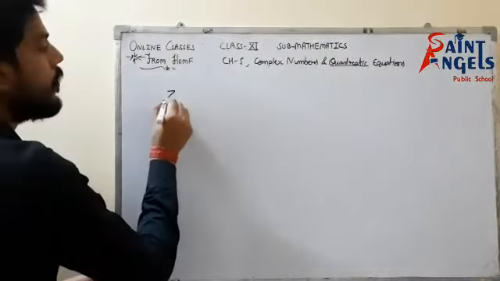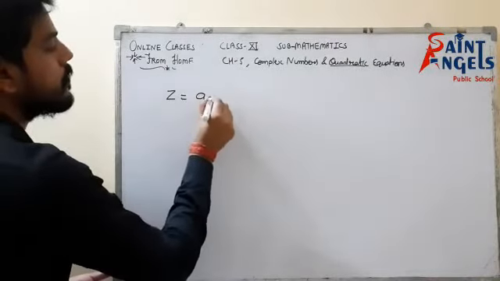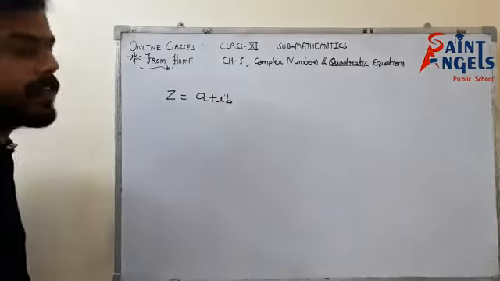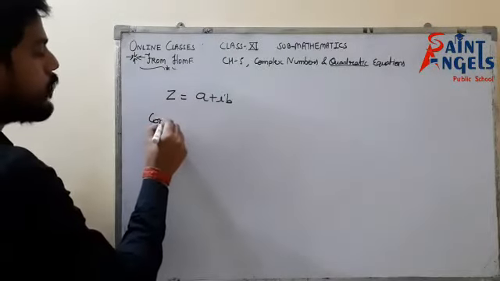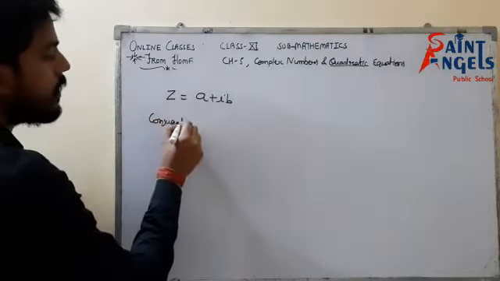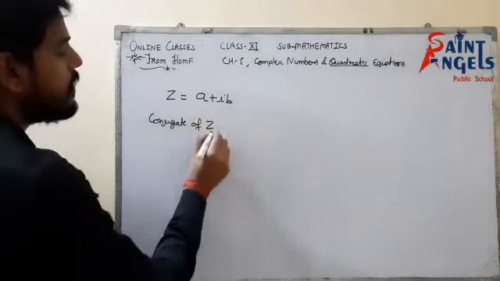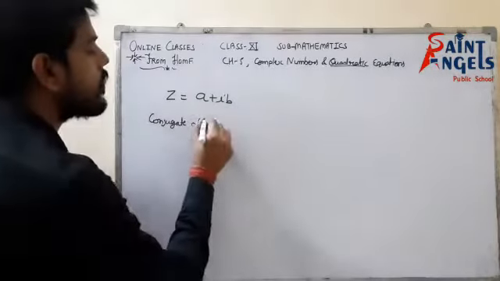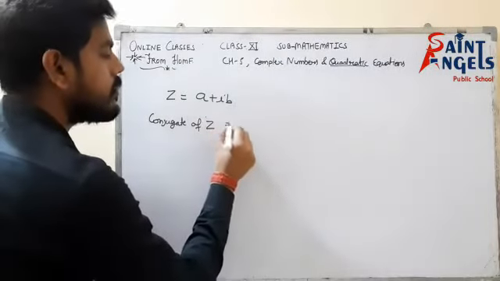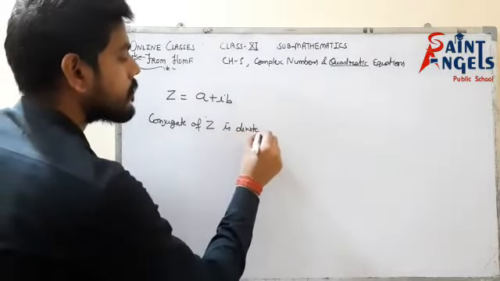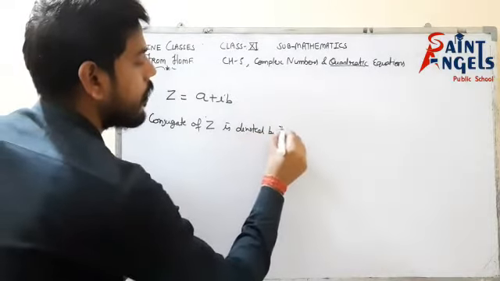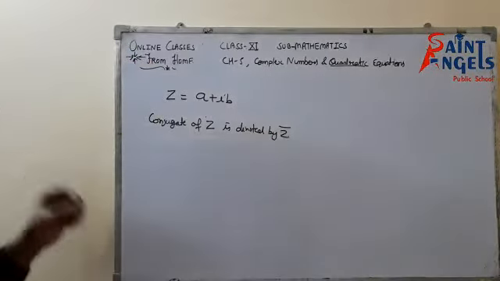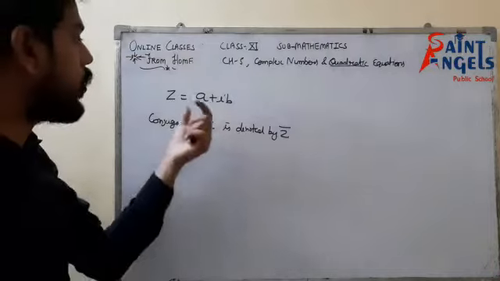Now, suppose we have a number a plus iota b, then the conjugate of z is denoted by z bar. If someone asks you, beta, what would be the conjugate of z?